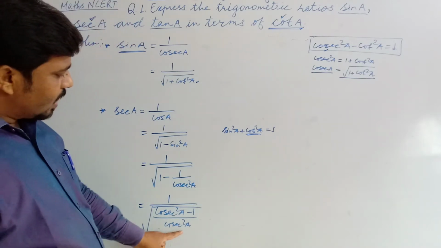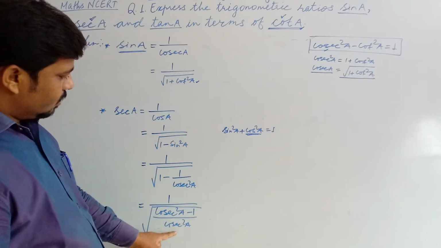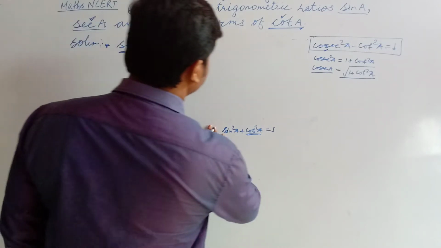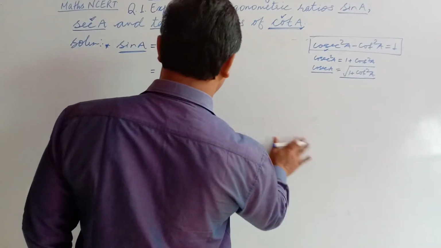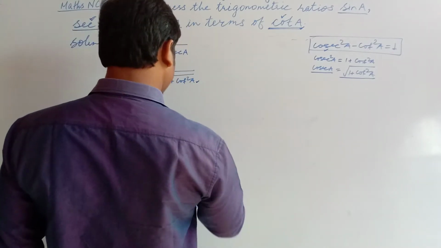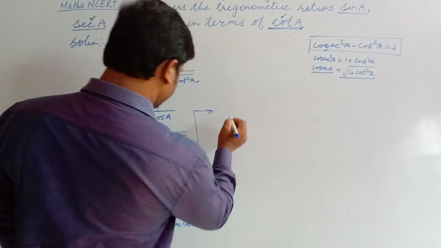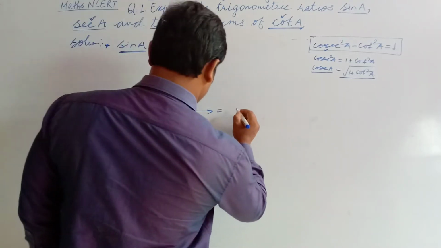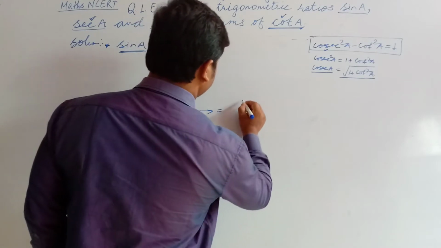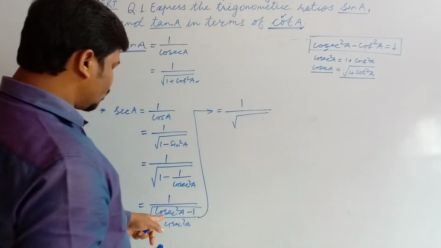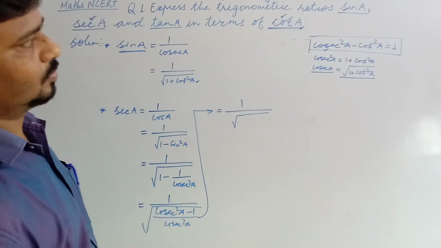So cosec square A we can take out from the square root, then the square will be removed, then what will be? One upon under root cosec square A minus 1.